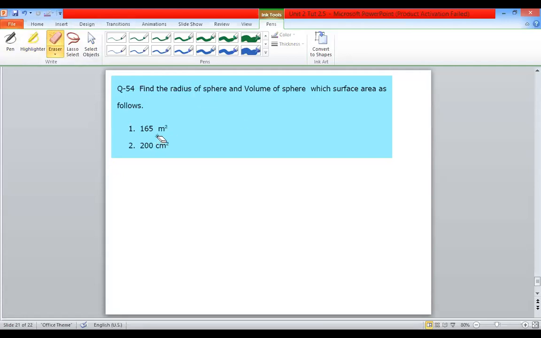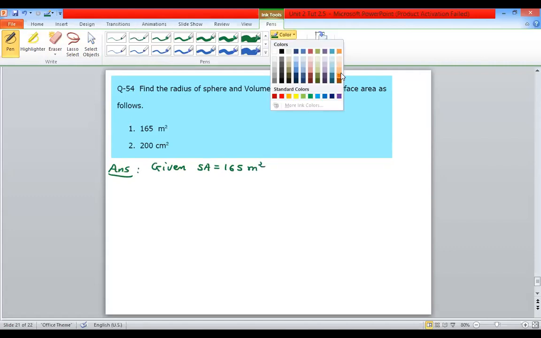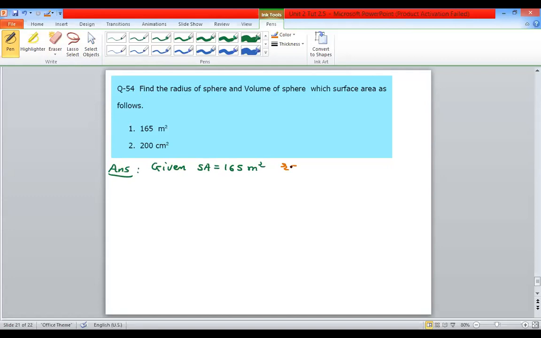And we have the surface area. So you are given the surface area, 165 meters square, and I want to find the radius and volume.